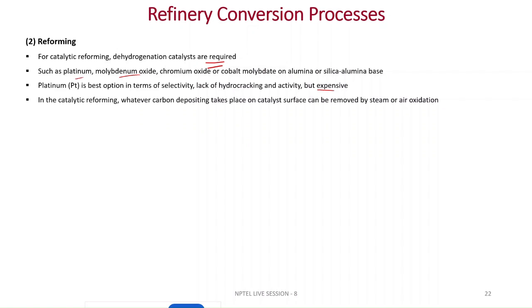In the catalytic reforming process, whatever carbon deposit takes place on the catalyst surface, that is the aging process, can be removed by oxidation or by air flowing.